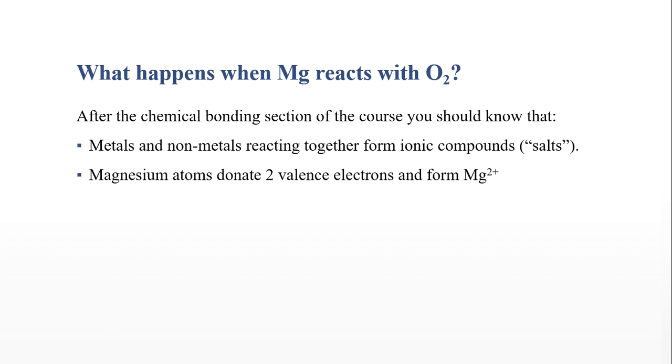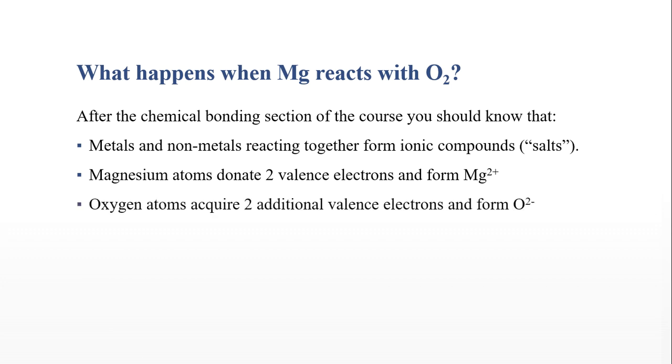You're supposed to know that magnesium, being in group 2 of the periodic table, has 2 valence electrons, and in order to reach a noble gas configuration, it's easier to donate than to take up electrons. Oxygen is in group 16 of the periodic table, and therefore oxygen needs to acquire additional electrons to reach a noble gas configuration.